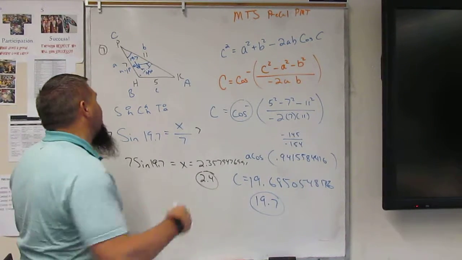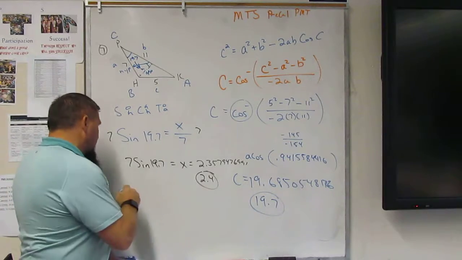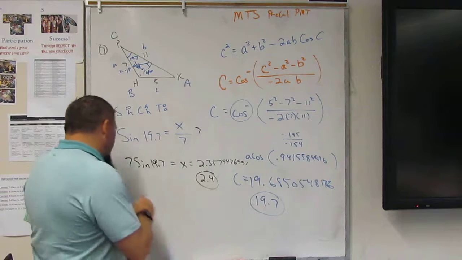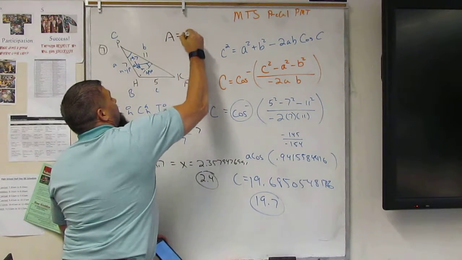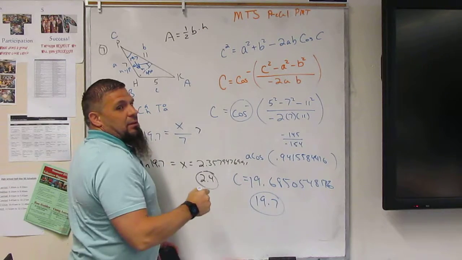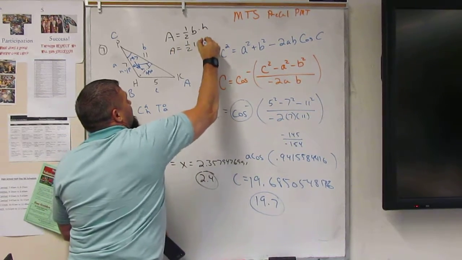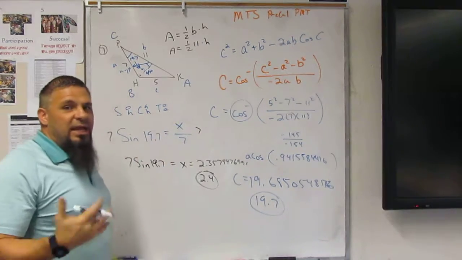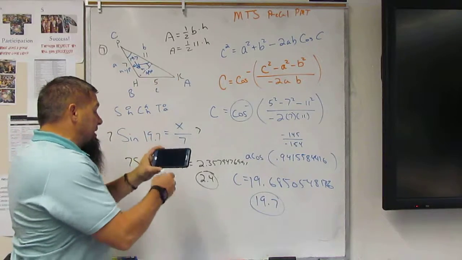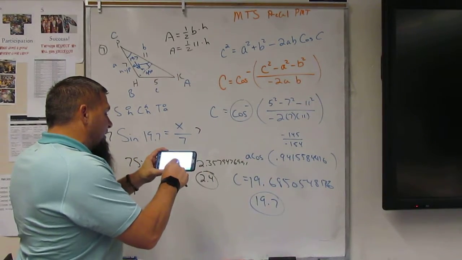That is my height. And to find the area, remember, area is equal to 1/2 base times the height. So we know that this area is equal to 1/2 11 times h. And I just didn't know what h is. But now I do. So I just take this h and multiply it by 0.5.